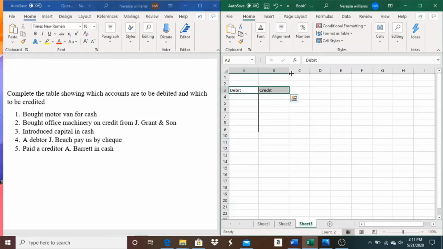But we are paying cash. So we are getting something. What is it that we are getting? It's the motor van. What is it that we are giving out? Cash. So we would debit the motor vehicle, credit the cash account. So that's for number one. So cash is reducing and we are getting more assets.